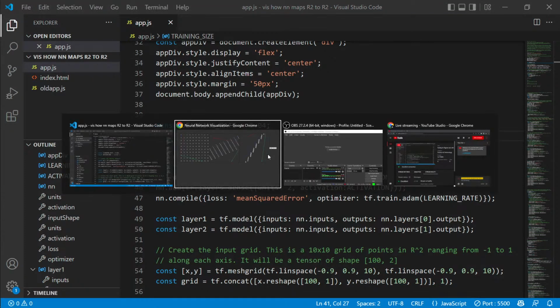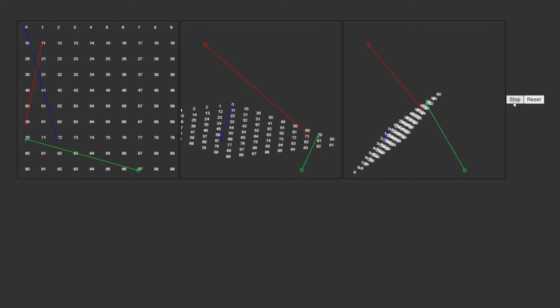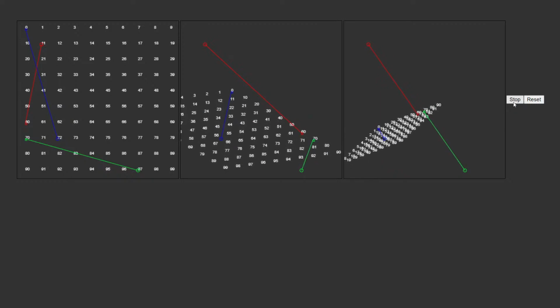Okay, so we're gonna go back to the linear case. So we have 3 points, and we have 3 training pairs.